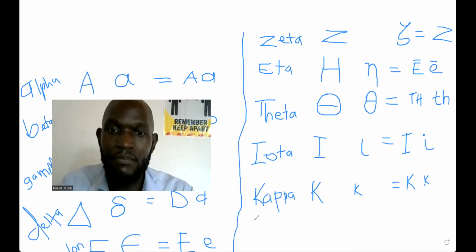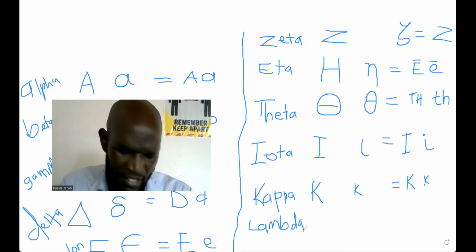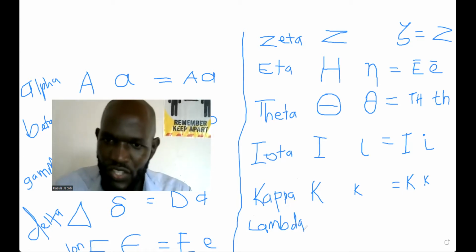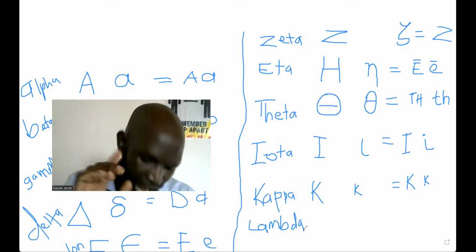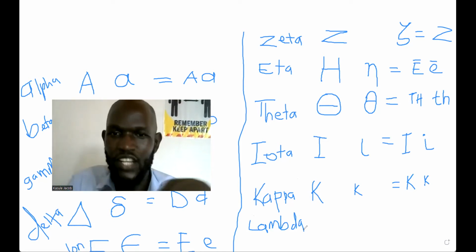Because these two are pretty much easier, I'm going to introduce the last one for today, which is lambda. Again, you probably remember this one from math, physics as well. Lambda is the English equivalent of the letter L, but look at how it's written. Remember when we were writing delta, we said you write a triangle?